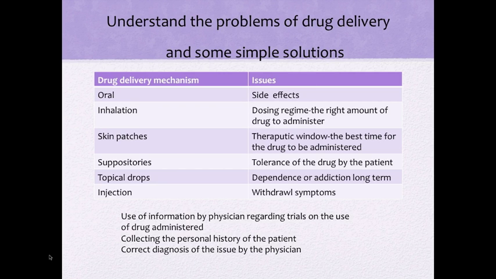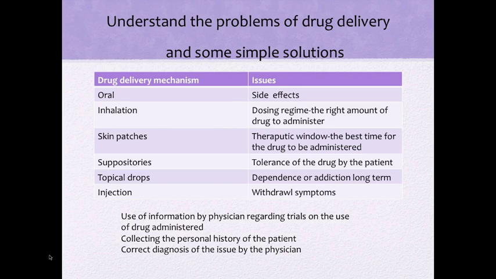Now, in drug delivery, the physician, whether it's for an animal or for a human being, should know about the drug and the effects of the drug on the specific individual. They should know the personal history of the patient. They should also know about some of the abnormalities that might happen and tell the patient about that. They need to know the side effects. They need to know the right amount of the drug to administer and the best time to administer.